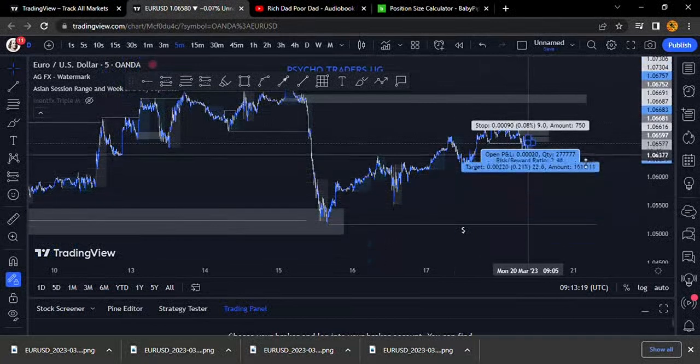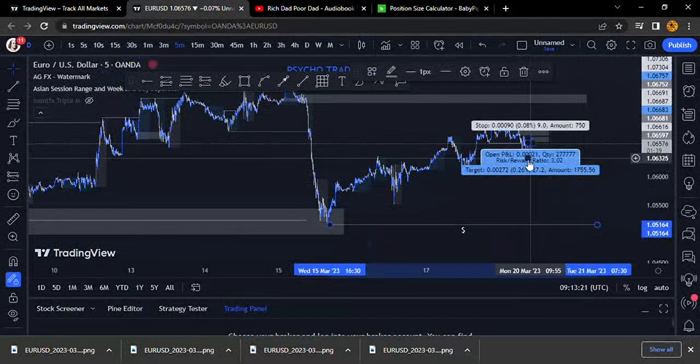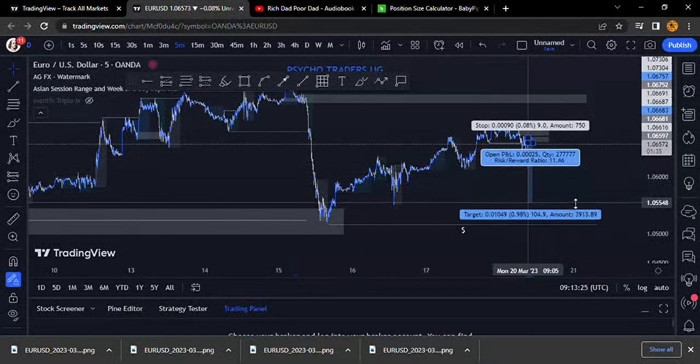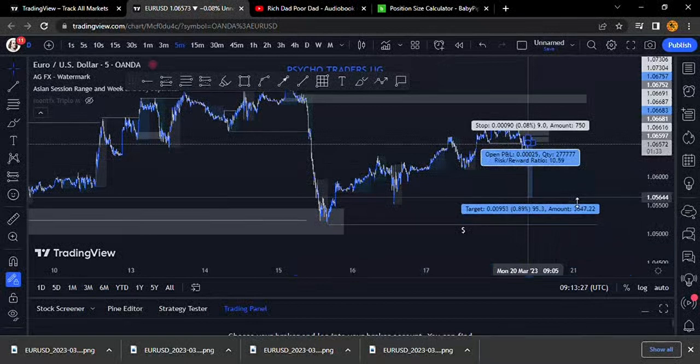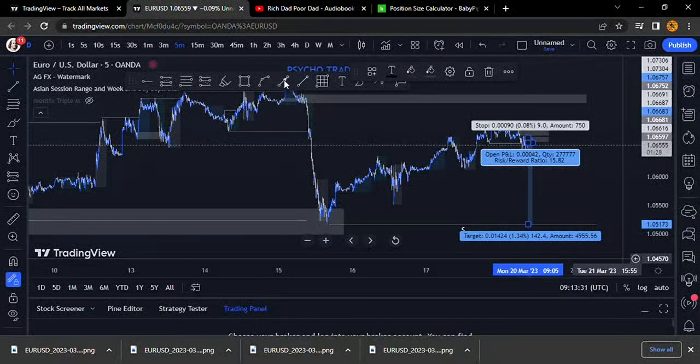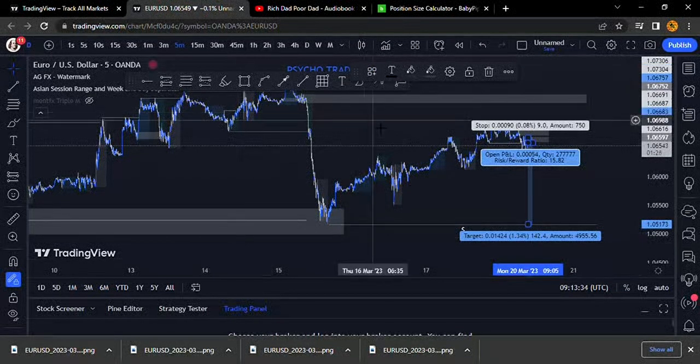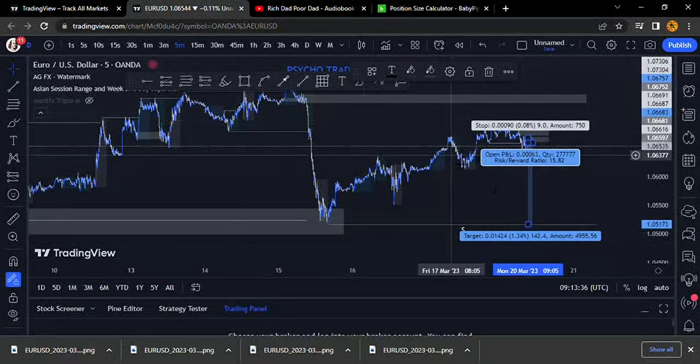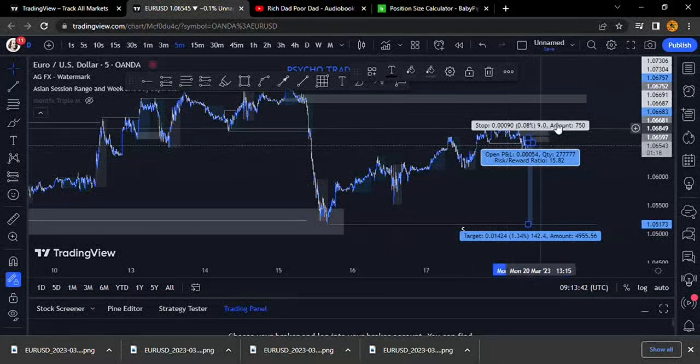My first partial at that low right there, this low that was created right here, and the other partial will be at 10RR right here, and finally right here. So I'll be managing further to continue price to the lower lows, because this is a redistribution in my view. So let me pause this, and I'll tap on you guys when it has moved further.